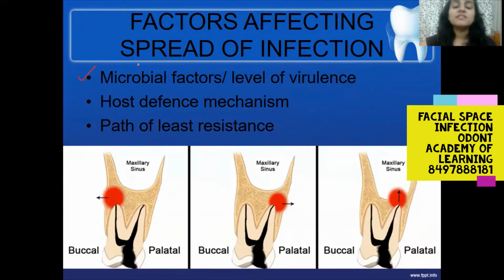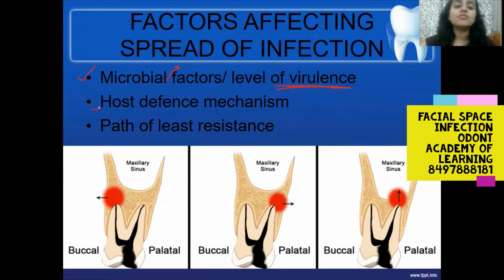Once this starts, it releases certain byproducts like streptokinase, collagenase, and hyaluronidase. These break down the tissue spaces and spread deep into the anatomical structures and cause the infection. The extent or severity of the infection is known as the virulence.